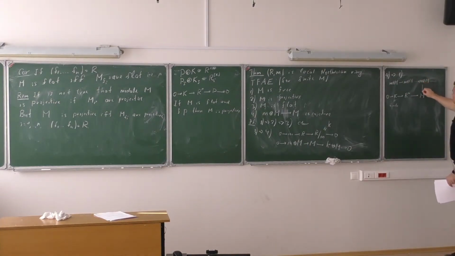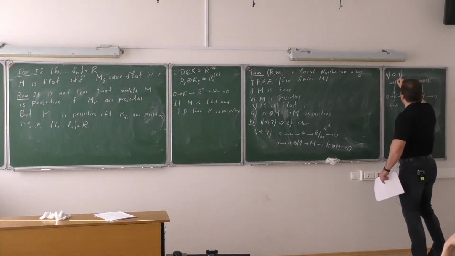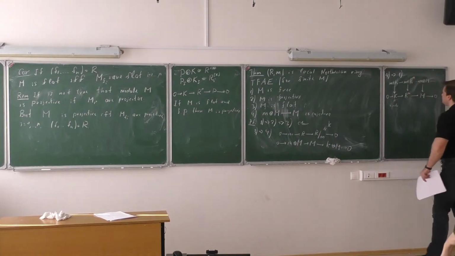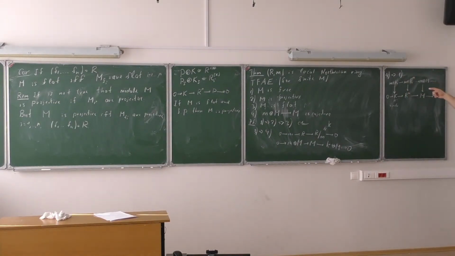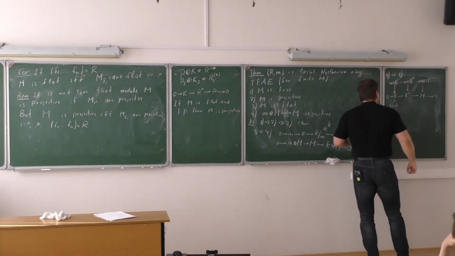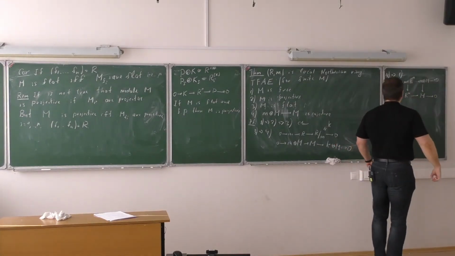So of course I have canonical maps from m tensor K to K. Sorry, this is not M, this is just K. And this is the M. So I'm just saying that there is such a canonical map for any module. So in particular, this is for this module, and this module. So these are three canonical maps. So I have these canonical maps, and of course this exactness on the right.